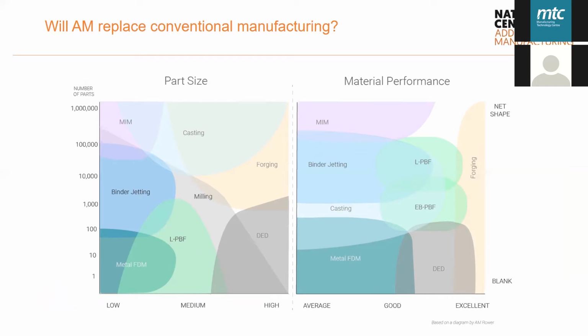So for example, you can see on the left-hand side here, metal injection molding, casting, and forging still dominate the market share for applications where you require a lot greater throughput of components, and also in applications where you need to manufacture a component of a lot greater size and scale. Similarly, in regards to material performance, metal injection molding and forging still dominate areas of the market where you need excellent properties and again very high throughput of components.